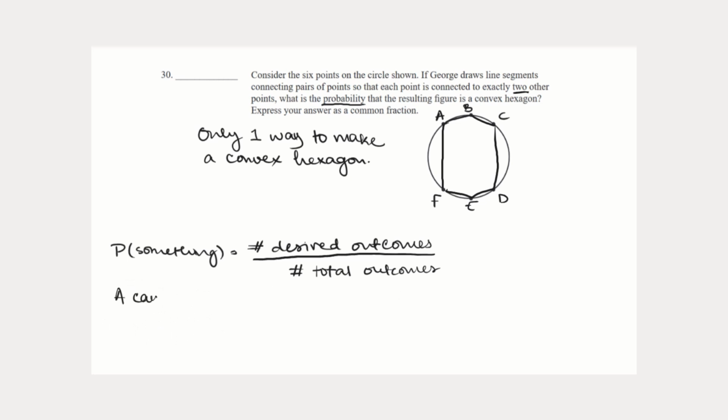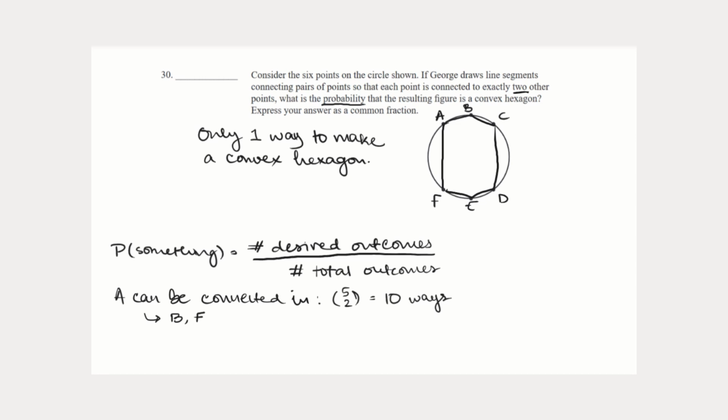A can be connected, well, you have 5 other points, so 5 choose 2 ways because it doesn't matter which order you connect them in, so this gives you 10. And now suppose point A is connected to, let's say, B and E, right? Or actually B and F, that'd be nice.